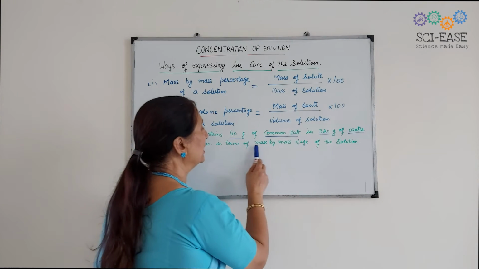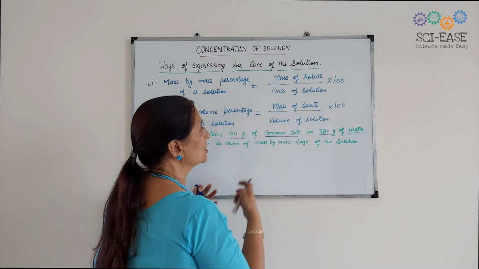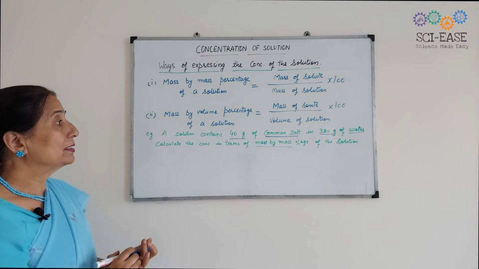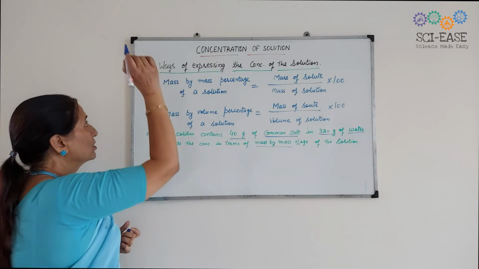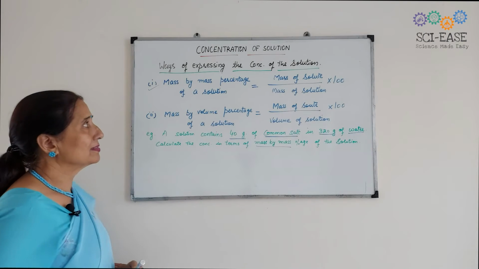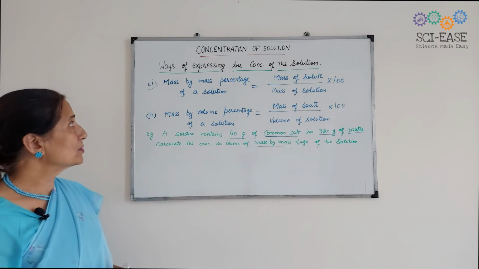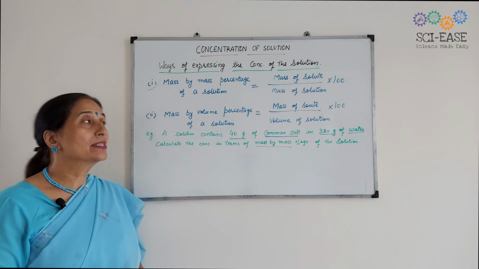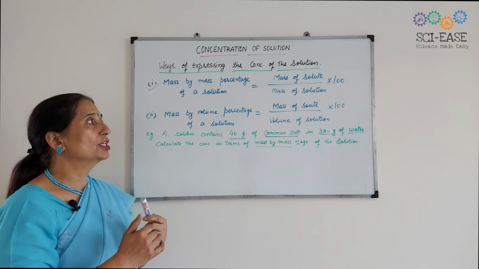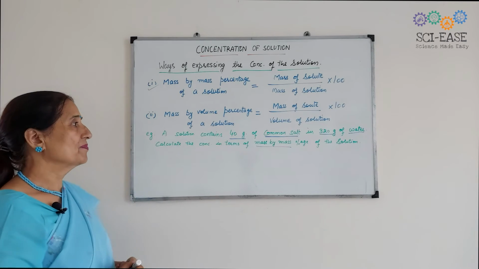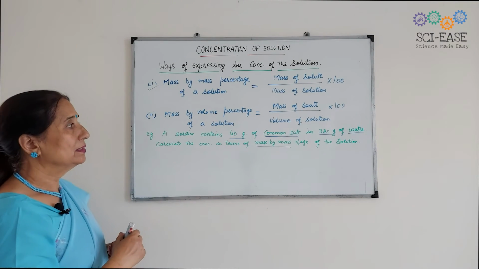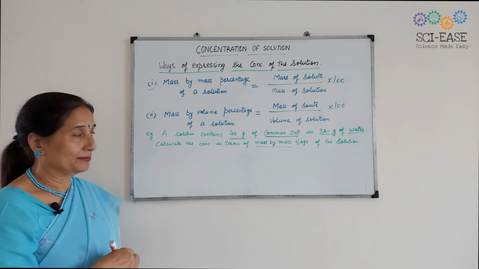Calculate the concentration in terms of mass by mass percentage of the solution. Here, which formula is applied? Mass by mass percentage of the solution is equal to mass of the solute over mass of the solution into 100. First thing, we will write what values are given.